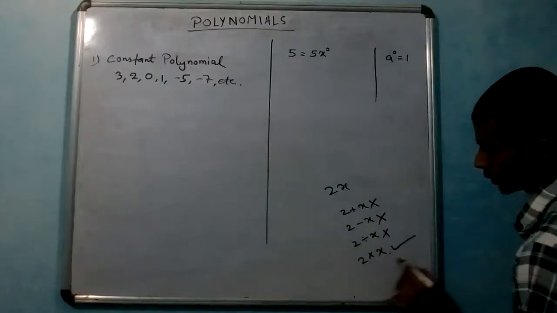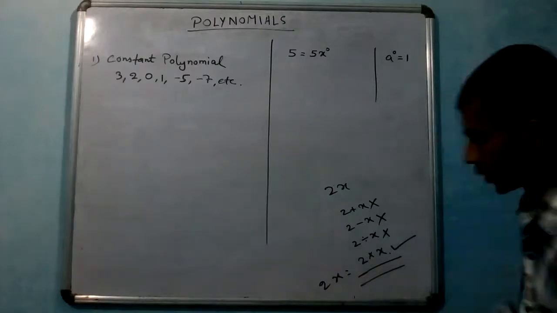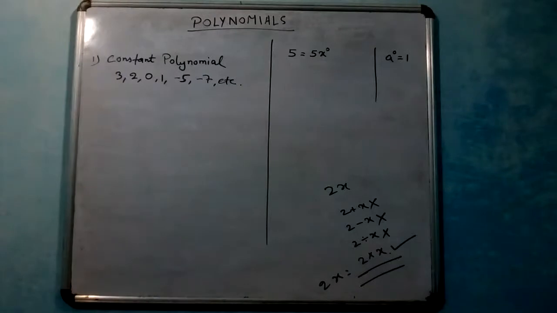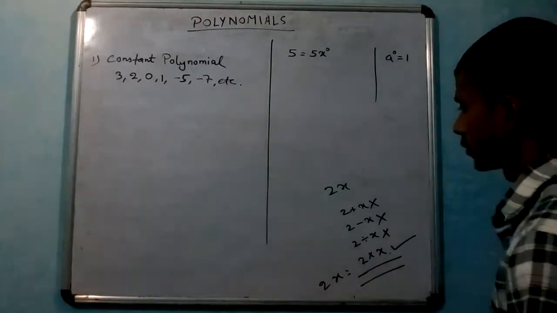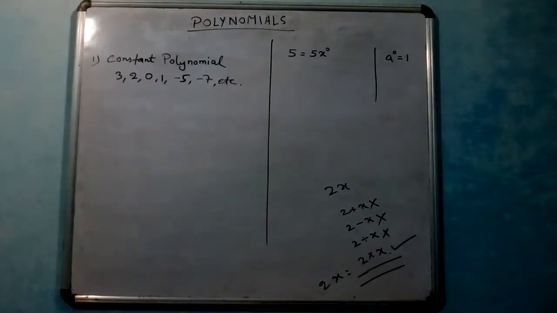It is 2 into x. 2x means 2 multiplied by x. Understood? Clear?